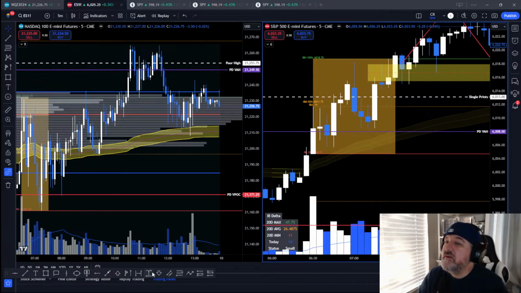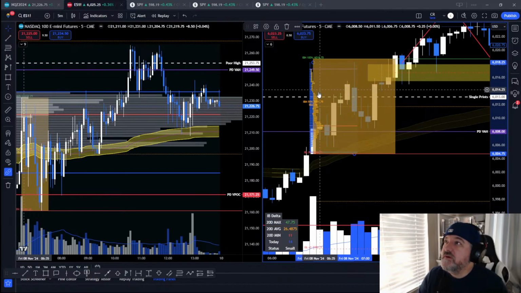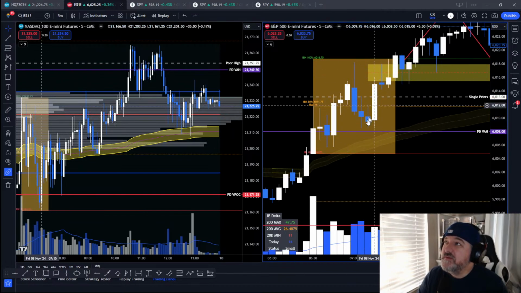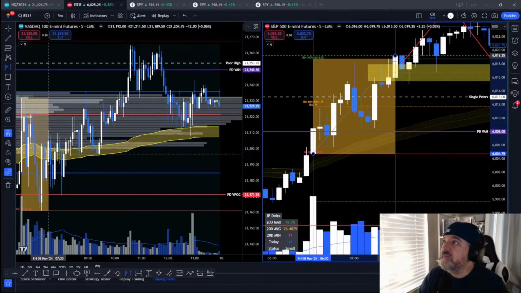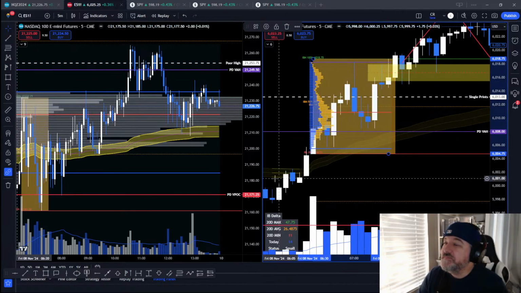You could even just grab this run up here and look for your large volume nodes. Obviously, though, on this date, grabbing the full initial balance is where it's at.